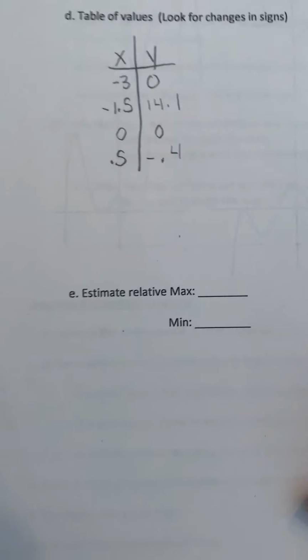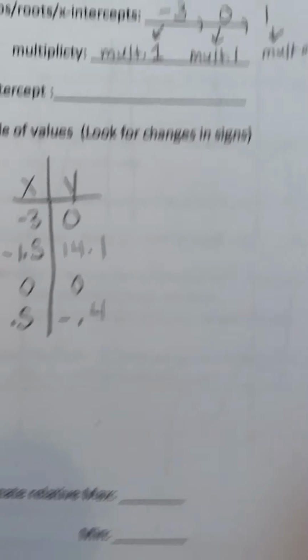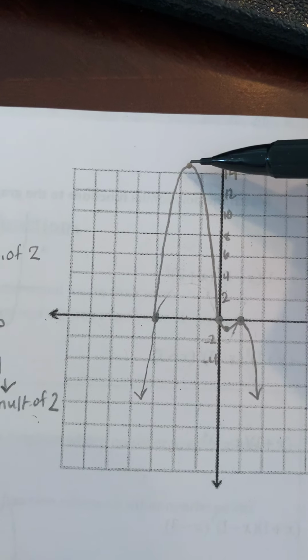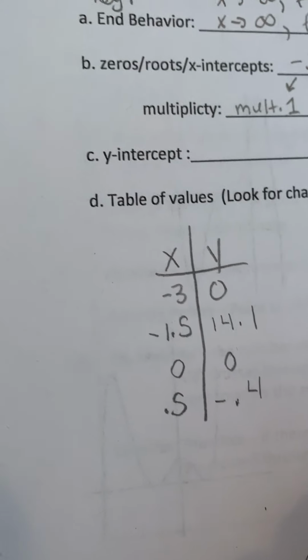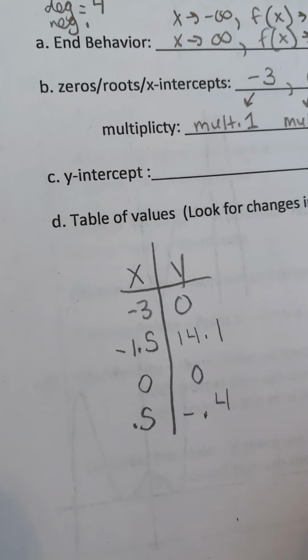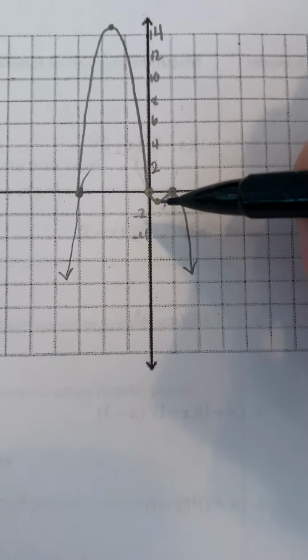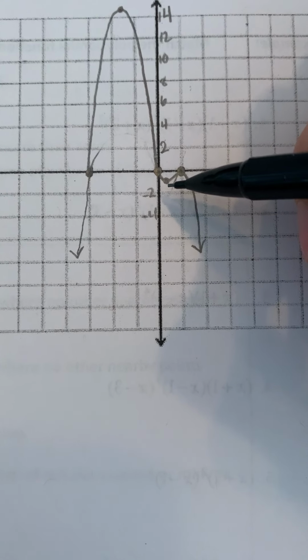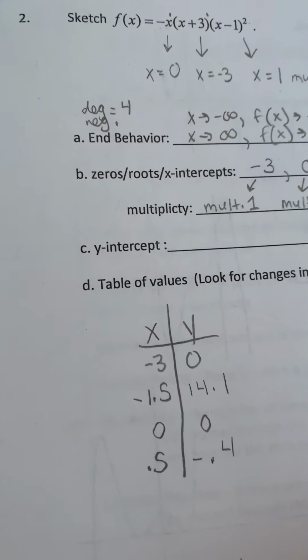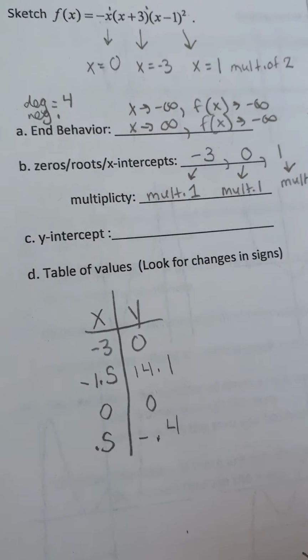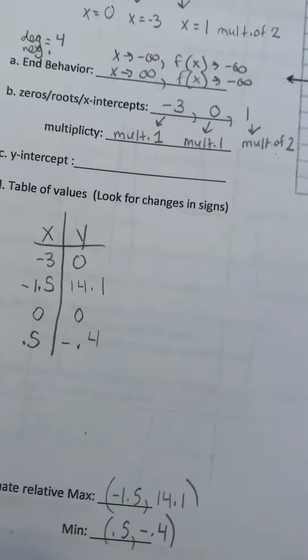Now I'm going to fix that relative max and min. Remember, our relative max we have up here, and that was at the point negative 1.5, 14.1. We have a minimum somewhere down here, and that is at about 0.5, negative 0.4.